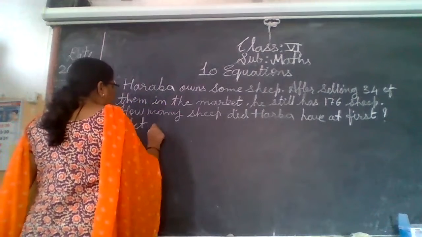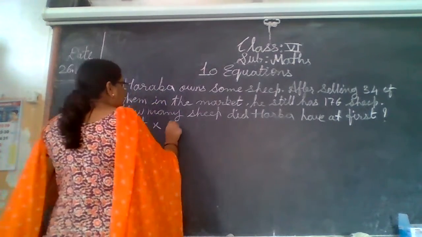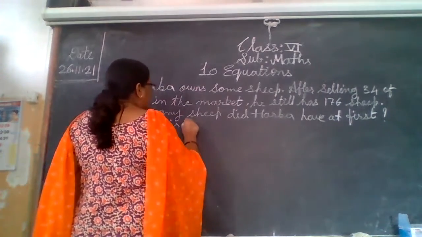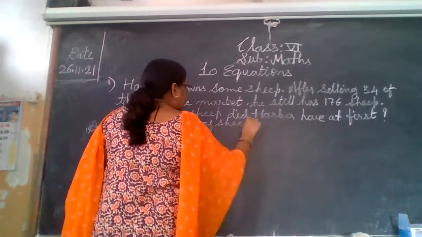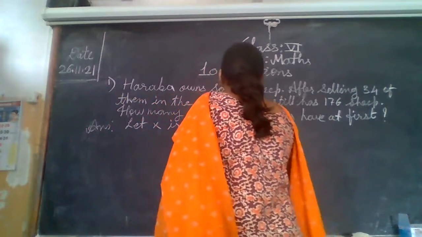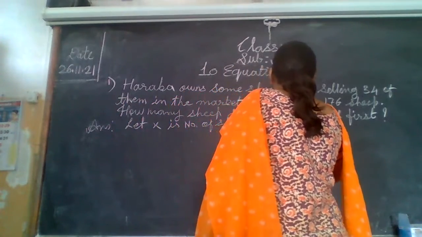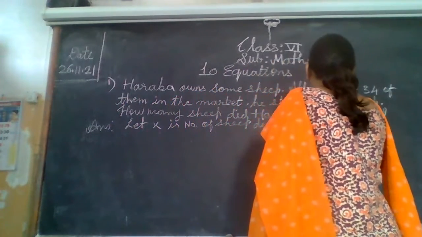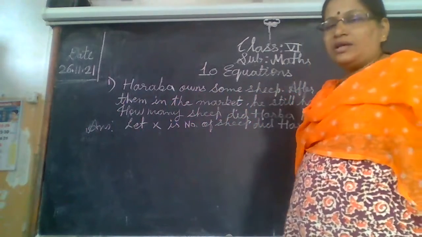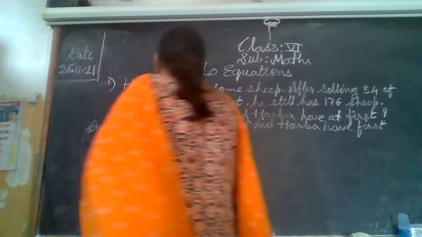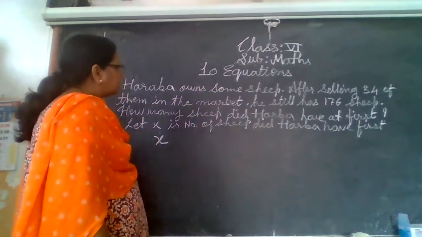Let x be the unknown quantity that we have to find. x is the number of sheep Harba had at first. Now see children how the equation is formed. At first, he had x sheep.